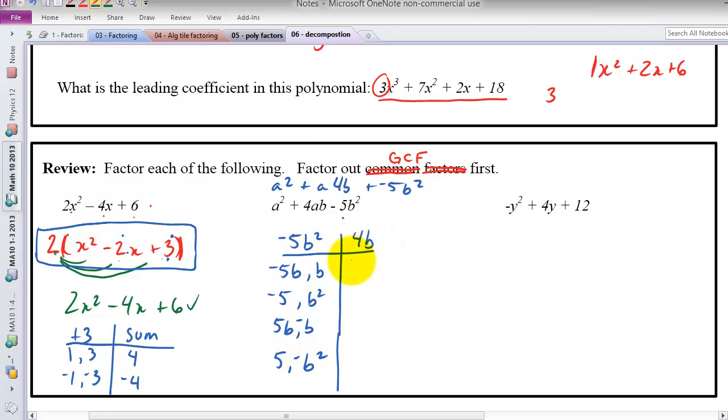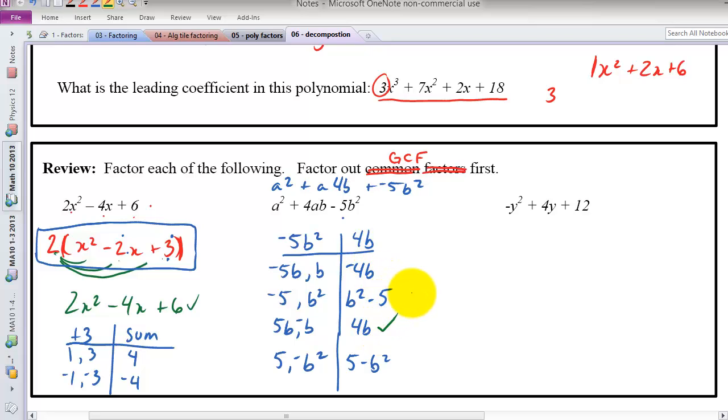Now we'll try to add these terms. Negative 5b plus b is negative 4b. This we can't do a lot with, that's just b squared minus 5. 5b minus b is 4b, and this is 5 times negative b squared. And we can see we have a winner.